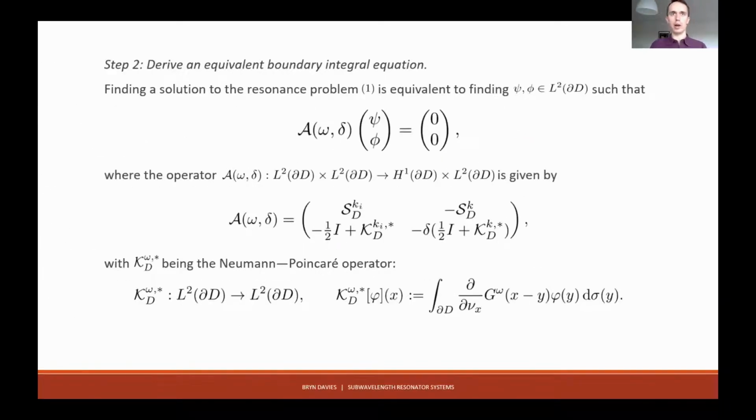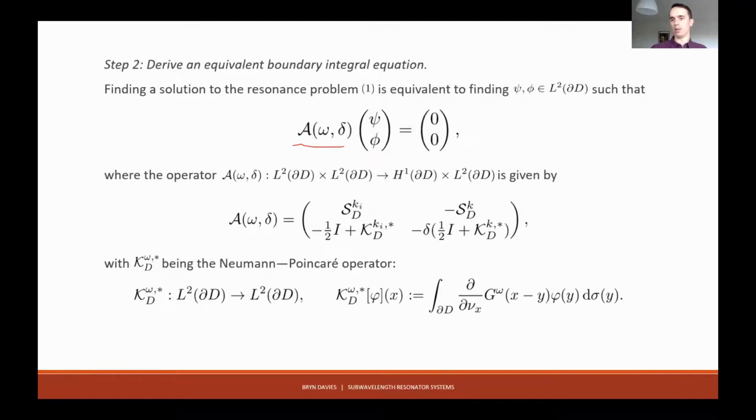And when we do that, we arrive at a boundary integral equation like so, which involves this Neumann-Poincaré operator K. And now we see the value of this theory: our investigation of this subwavelength resonance comes down to understanding the kernel of this boundary integral operator A, for certain omega and delta.